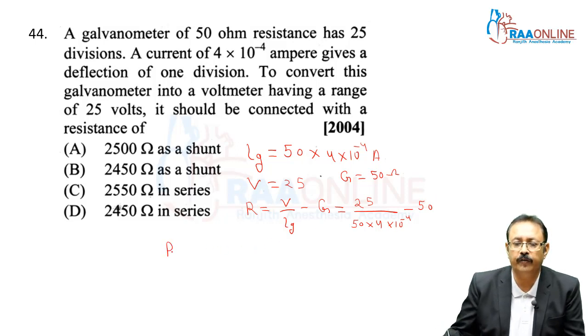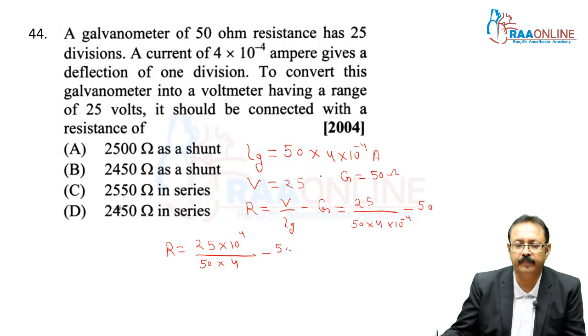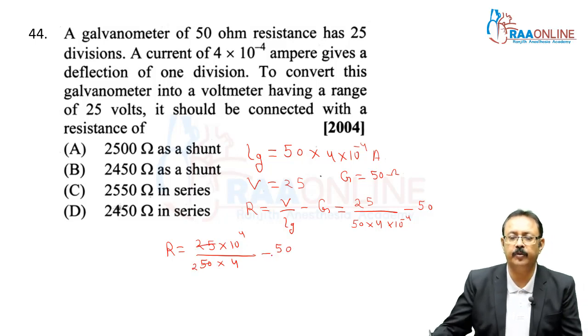So we got the value of R, 25 into 10 to the power 4 upon 50 into 4, minus 50. 25 twos are 50, 4 into 2 is 8.